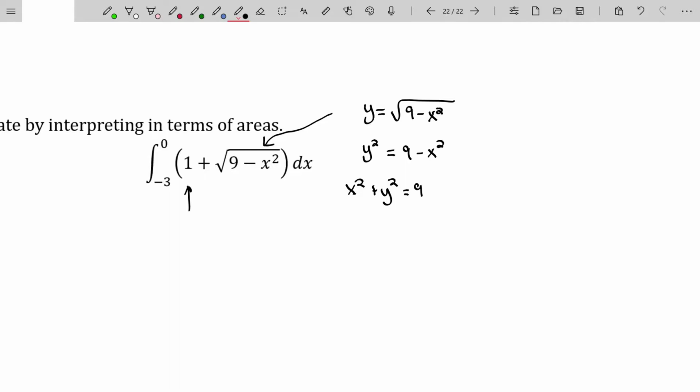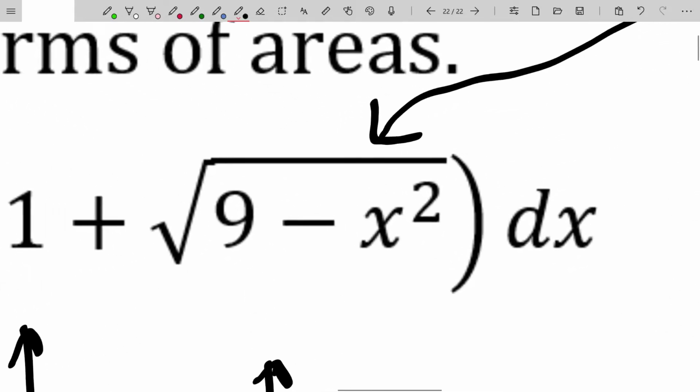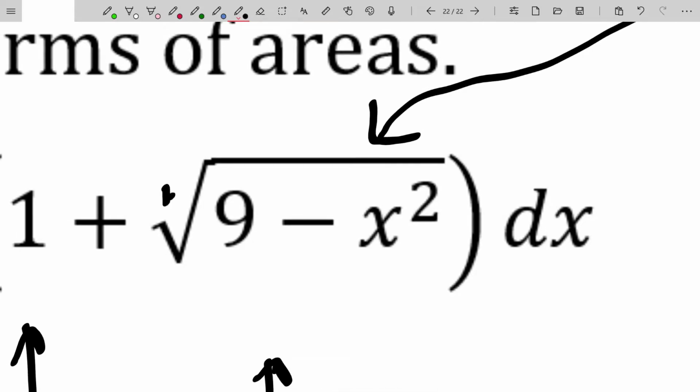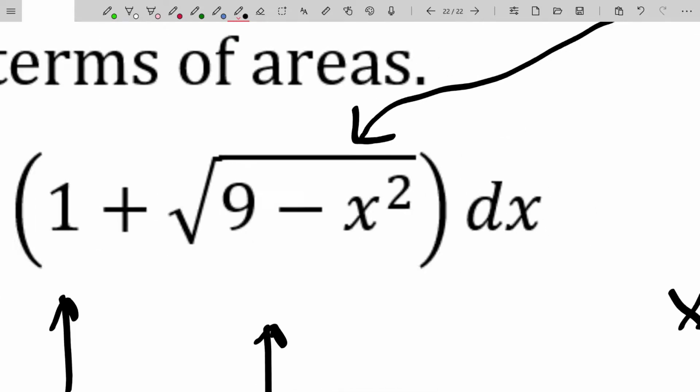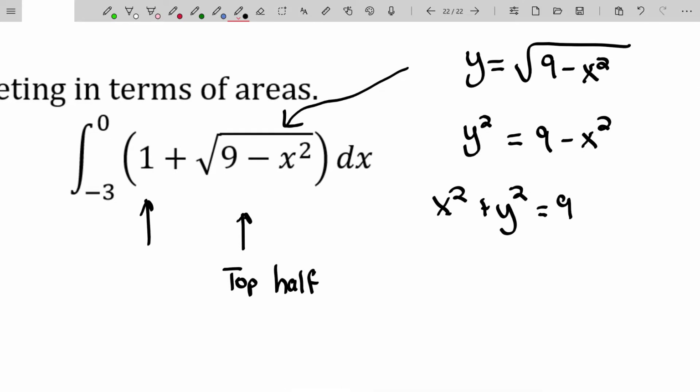Okay, so again, this is actually the top half because this is y equals the square root, and this is a positive square root, so it's the positive half of a circle. So top half of a circle of radius 3. You should all agree with that.